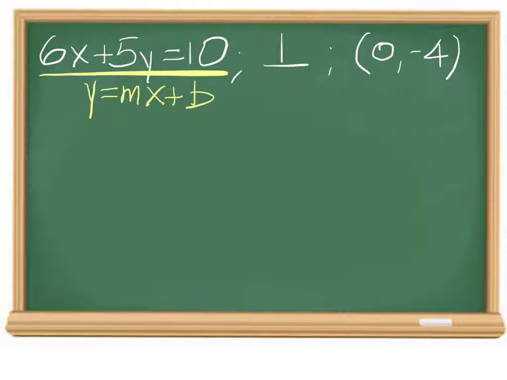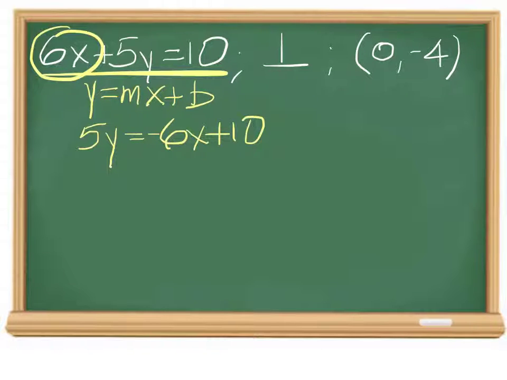So get the y by itself, that's 5y, and move the 6x to the right, change the sign, and divide everything by the 5 that is with the y. So that would give you a negative 6 over 5x plus 2. Divide everything by 5.